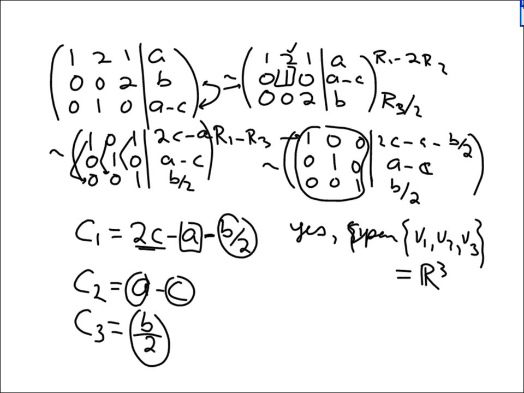We know it contains R3, but think about it. Is it going to contain more? Can it possibly contain more? If you're going to have a set that contains triples, and each of these are real numbers, you'll never get anything larger than R3.